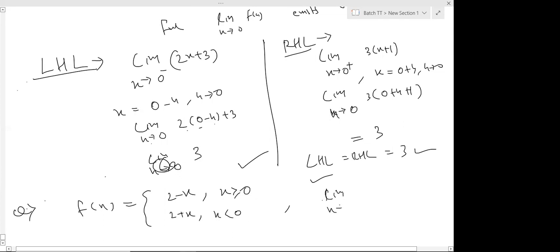You have to check if the limit as x tends to 0 of f of x exists or not. All right.